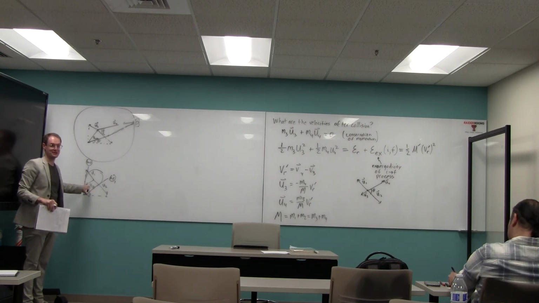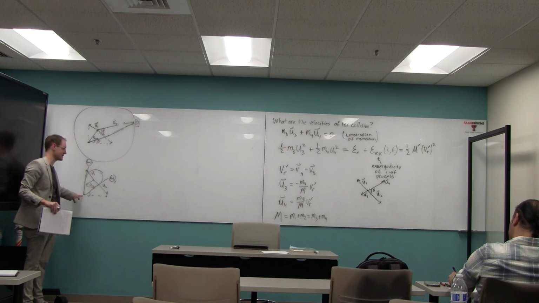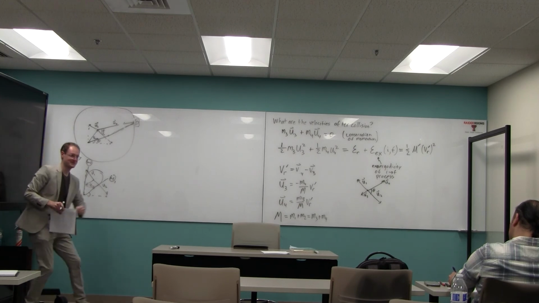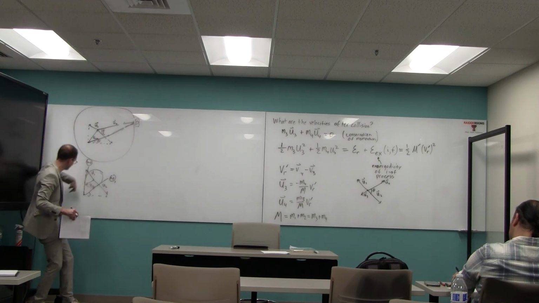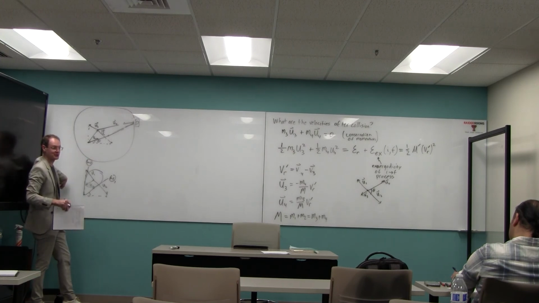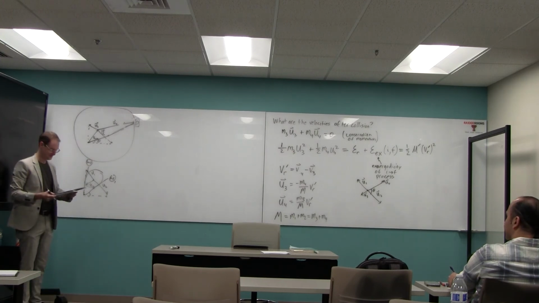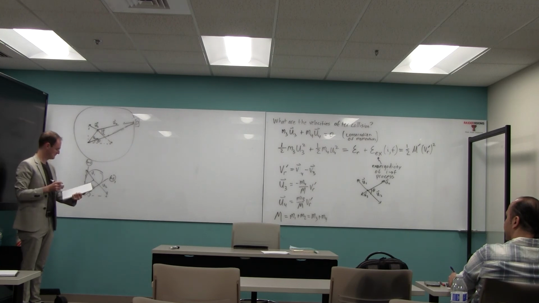Okay, does that make sense? Because its final velocity is less than the original center of mass velocity, right? So you can cancel some of that initial velocity from the collision, but not all of it. Okay?